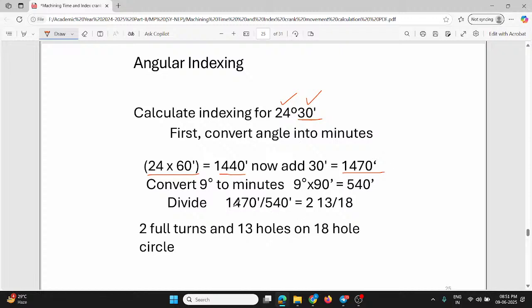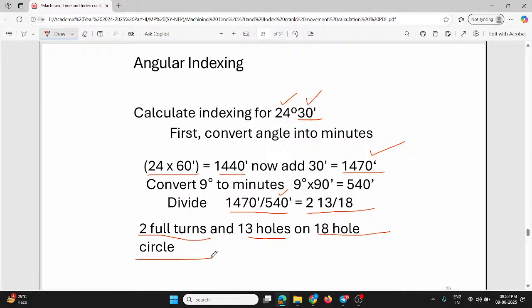Then we know the formula: when it is in seconds, you divide by 540, when it is in degrees, you divide by 9. Here we have converted into minutes. So 1470 minutes divided by 540 gives 2 is to 13 by 18, that is 2 full turns and 13 holes in the 18 hole circle.